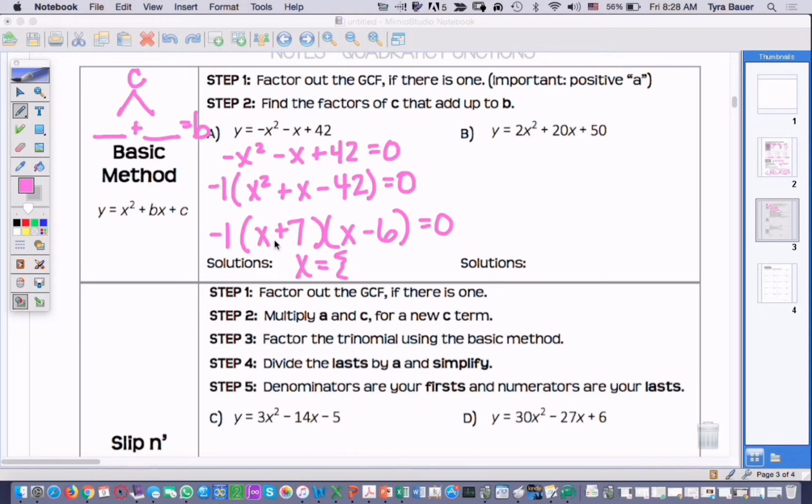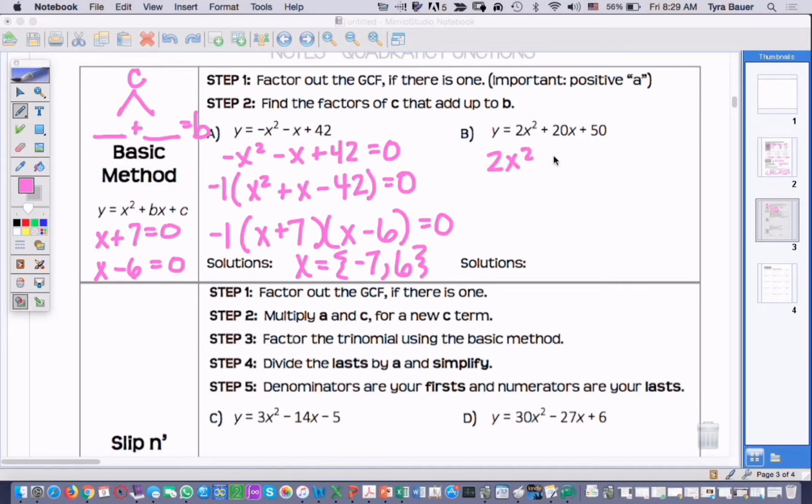Very good. So my solutions, I can ignore this negative 1 because it doesn't have an x with it. What's my solution? Negative 7 and positive 6, remember? Because you take the x plus and solve for x. So in a way, it's the opposite of what's in the binomial.